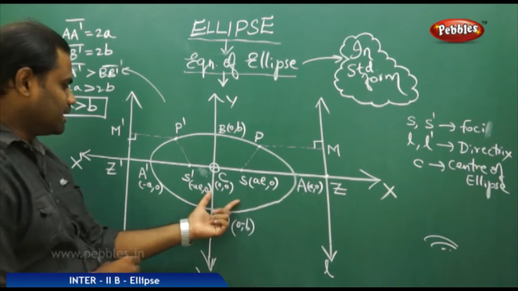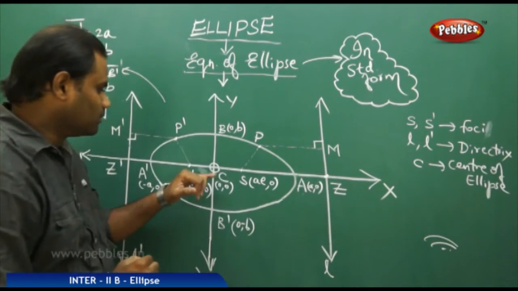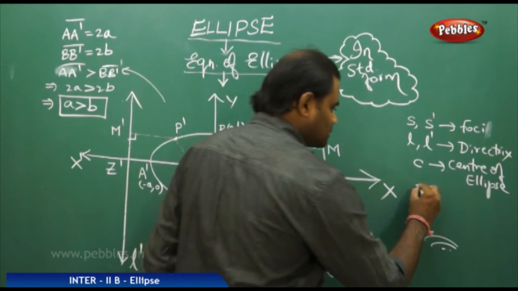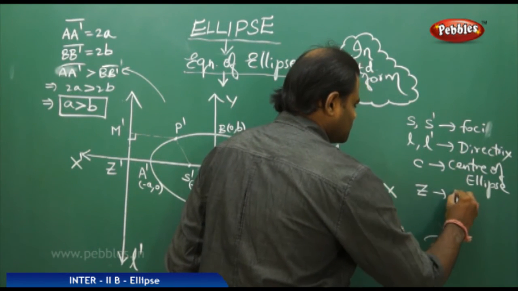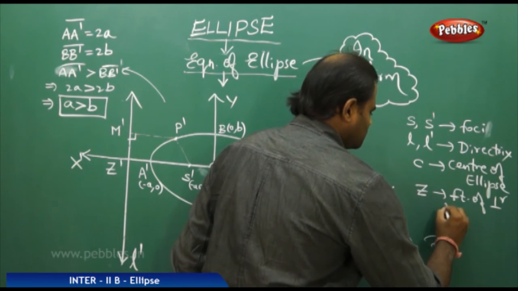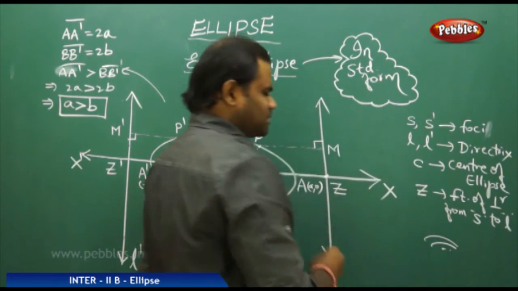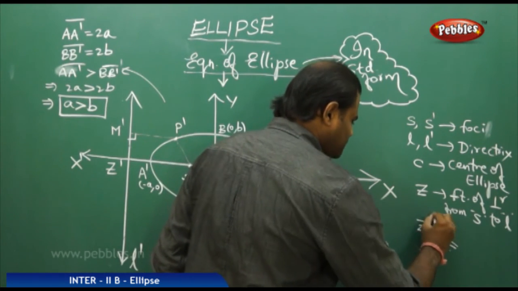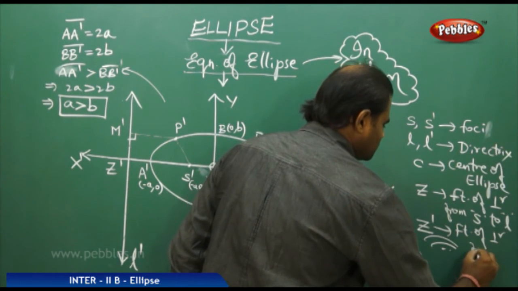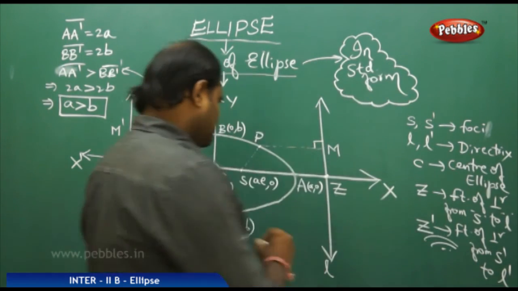The focus, the center, and A are given, and next are the coordinates of the foot of perpendicular from the focus to the directrix, which is Z. Z dash is the foot of perpendicular from focus S dash to the directrix L dash.